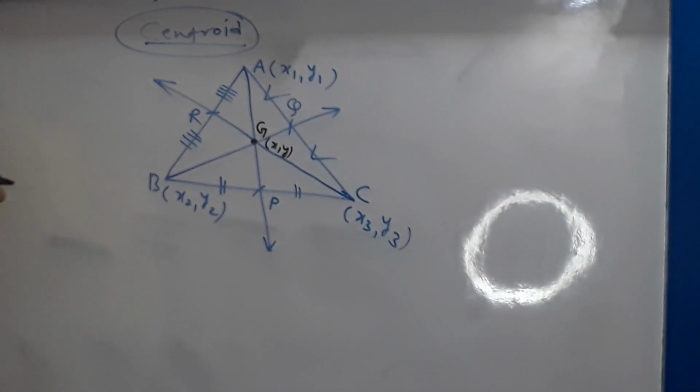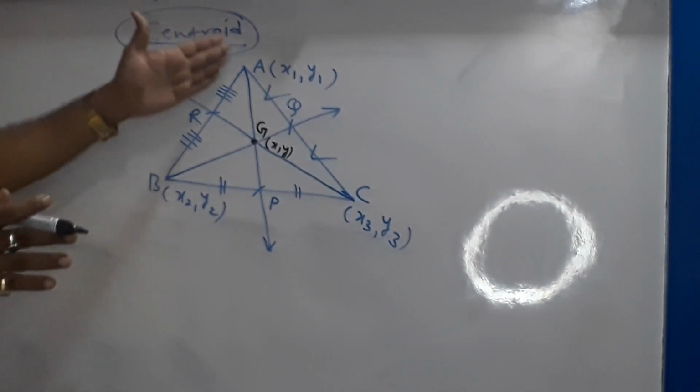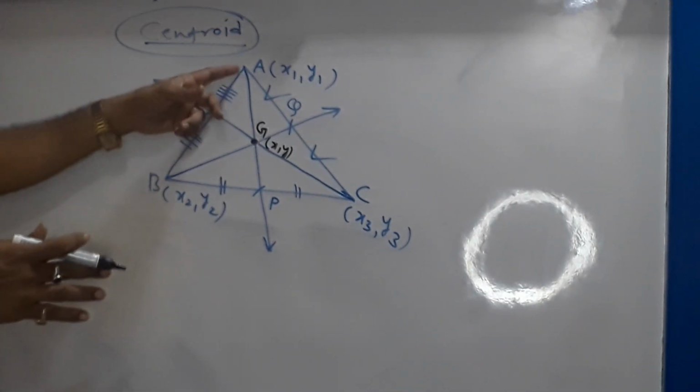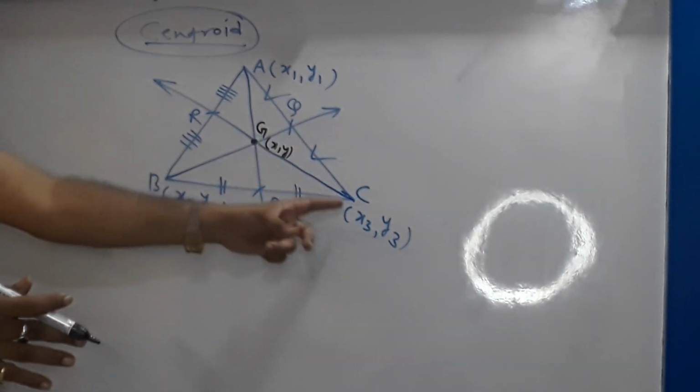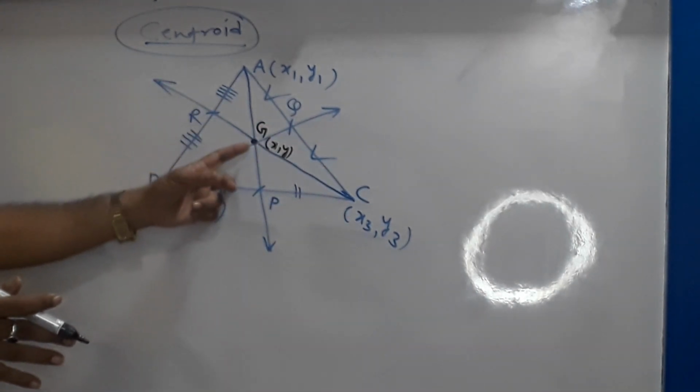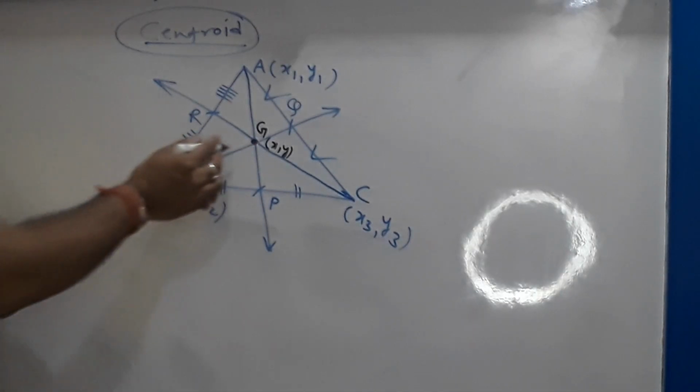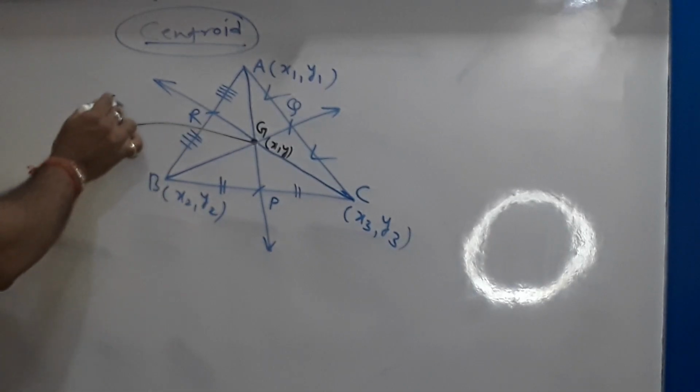From each vertex we draw a median to the opposite side, and the point of intersection of all the 3 medians is called the centroid. So G is the centroid.